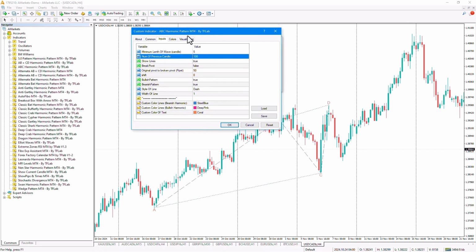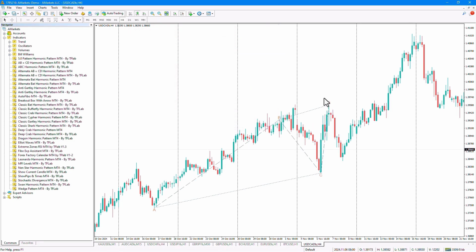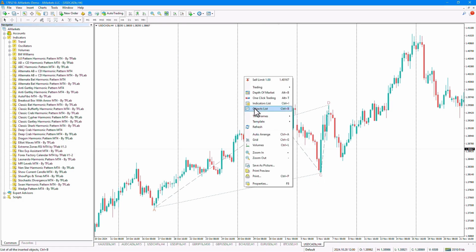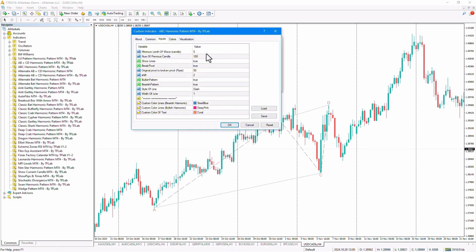For example, in the MetaTrader 4 platform, in this section, we have 100 candles set, which means it goes back 100 candles from point D and looks for identifying point C. But if we are using the MetaTrader 5 platform and set the value to 10 here, the indicator will move back 10 pivots from point D and will look for identifying points C, B, and A among the pivots on the price chart.